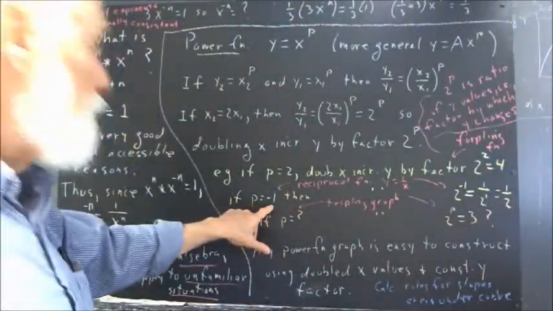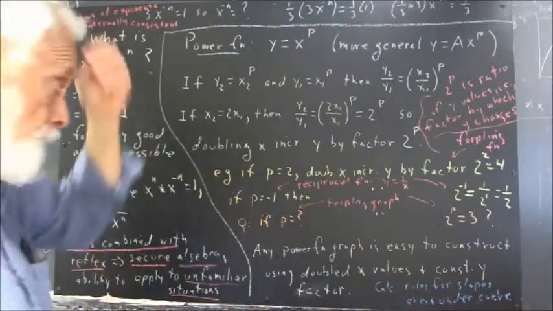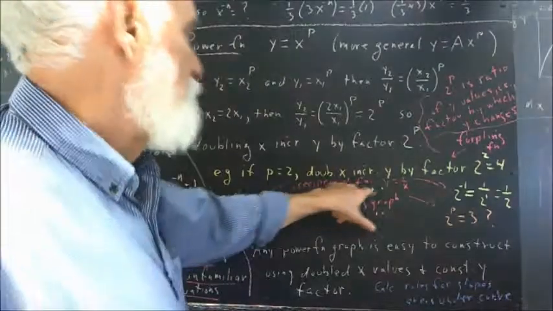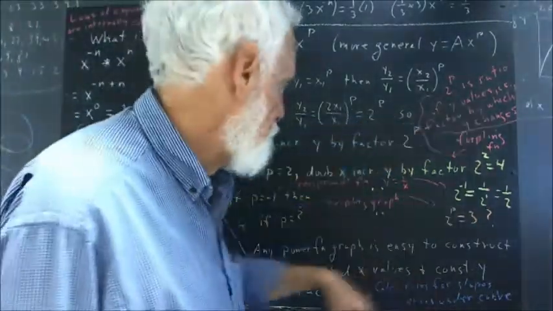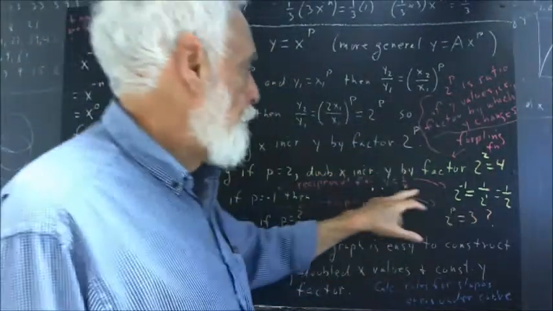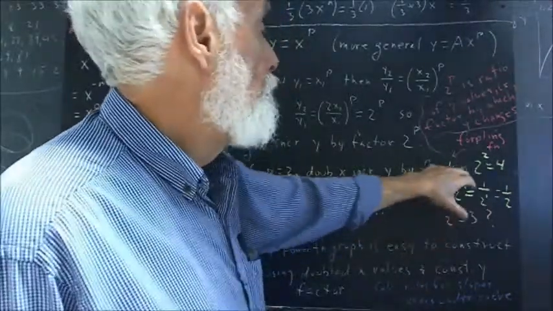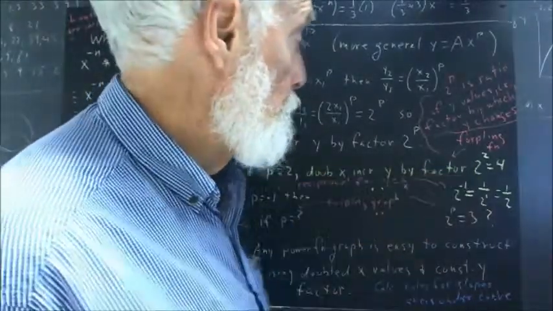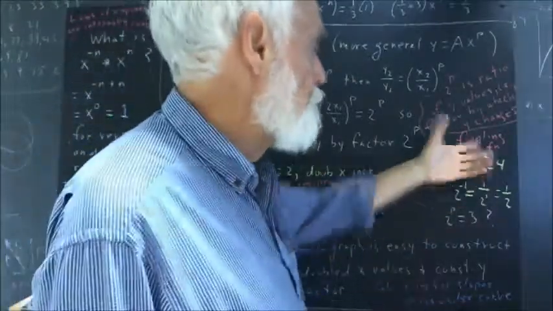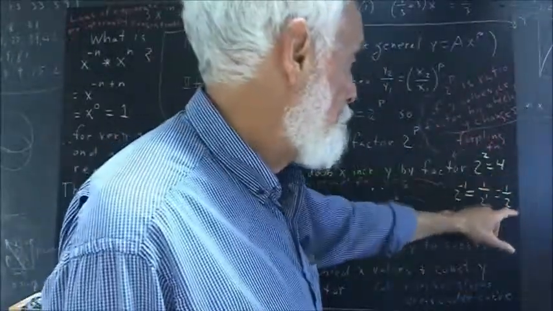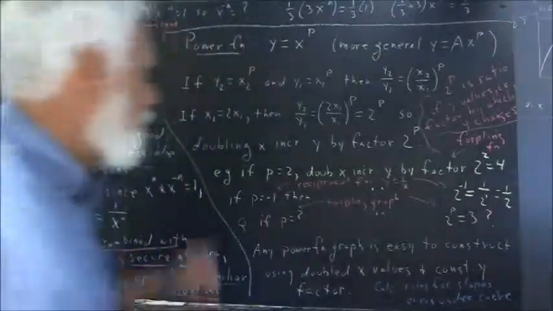If p equals negative 1, the negative exponent that we just talked about, then, well, I've got quotes here in yellow and that quotes this. Doubling x changes y by factor 2 to the p, which is 2 to the negative 1. p is negative 1, 2 to the negative 1. What's 2 to the negative 1? It's 1 over 2 to the 1. 2 to the 1, of course, being 2, that's 1 over 2, or 1/2.